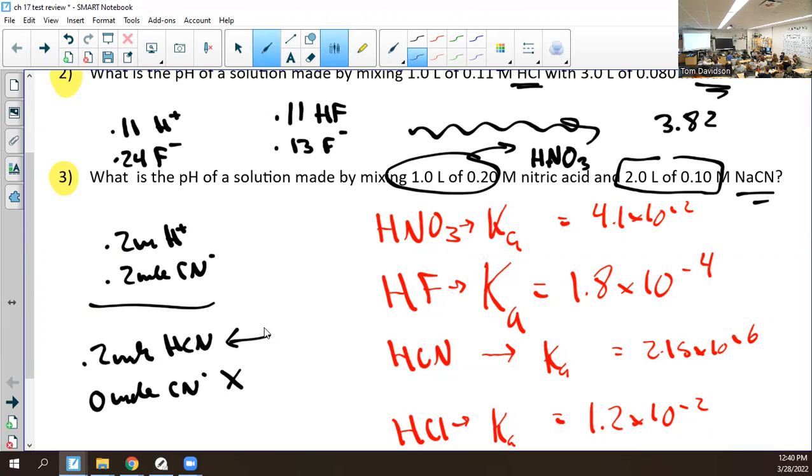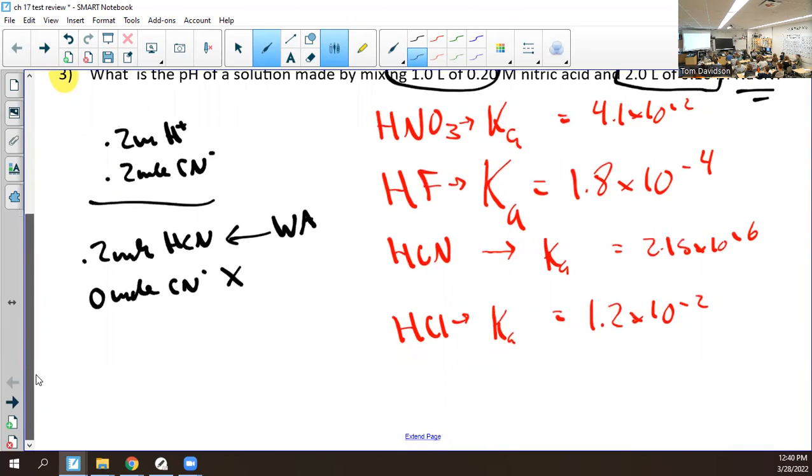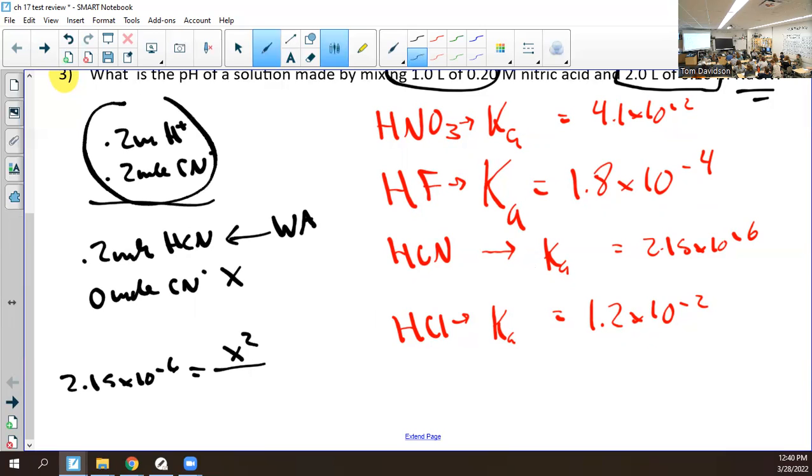So this is a weak acid, correct? All right, so to find the pH of the weak acid, I have to solve for X and take the negative log of X, right? So the Ka, 2.15 times 10 to the negative 6, Ka equals X squared over the initial, which is the thing that was formed.